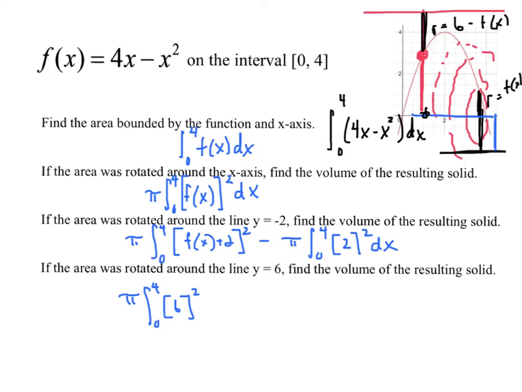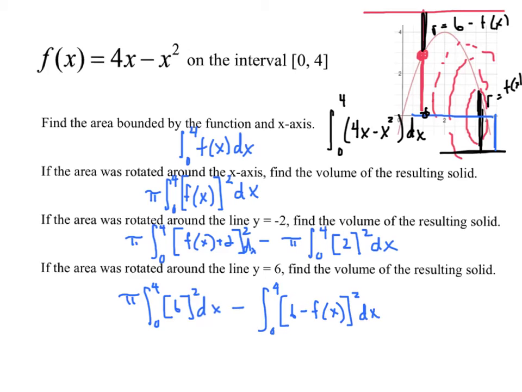Notice I forgot the dx up here. Let's put dx minus the integral from 0 to 4 of 6 minus f of x squared dx. Okay. So this is how we would find the volume if we're rotating up.